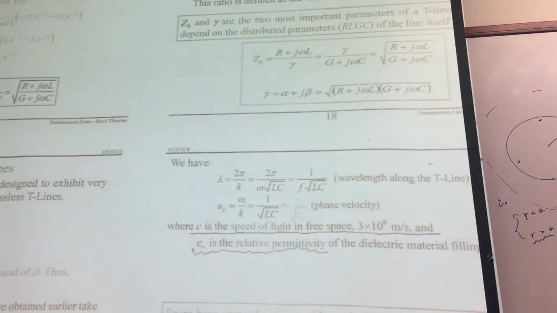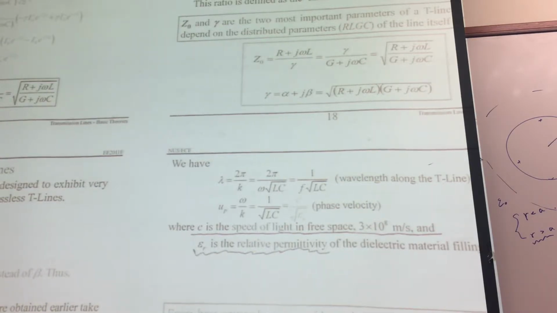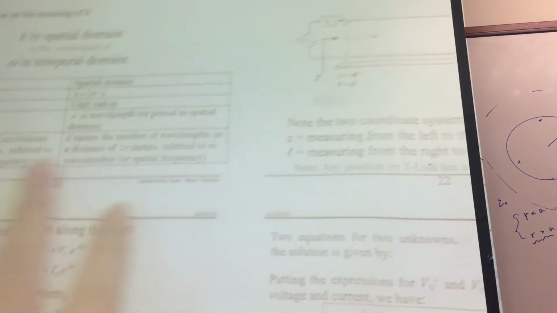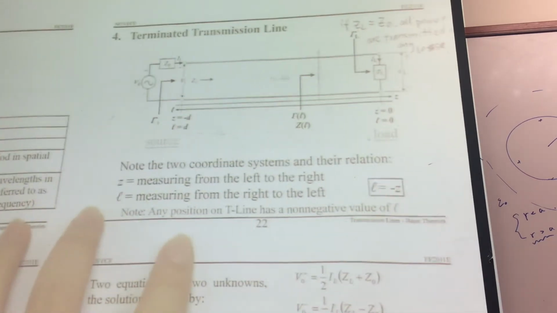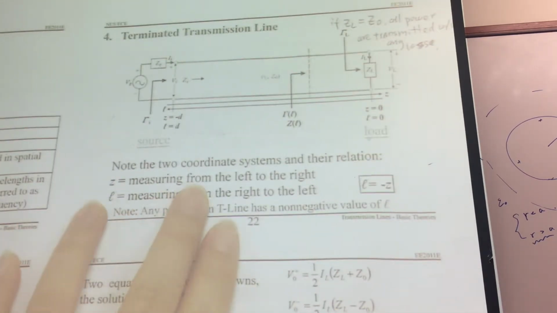When we calculate material, we always use epsilon R times epsilon naught. They usually come in together. So, right. You guys need to go back and read it yourself.